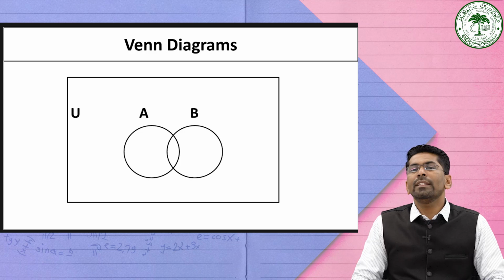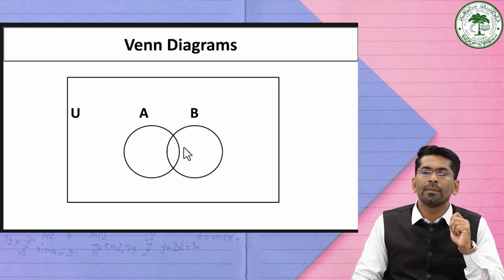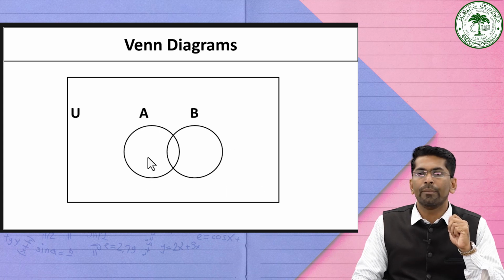Now, we already said that a Venn diagram consists of rectangles and circles. Each circle in the Venn diagram represents a set. So the elements of sets are placed inside the boundary of the circle.